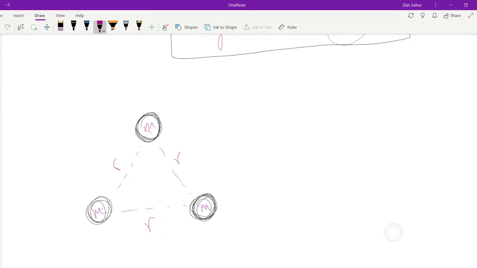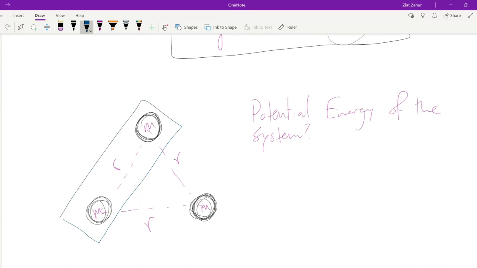And so what is the potential energy of the system? Well, the potential energy of the system is the potential energy between each particle in the system. There's an interaction between these two, so there's Pegmaga number 1, grape flavored Pegmaga.